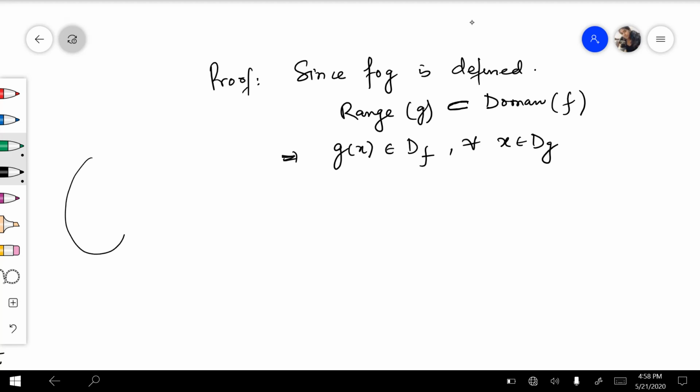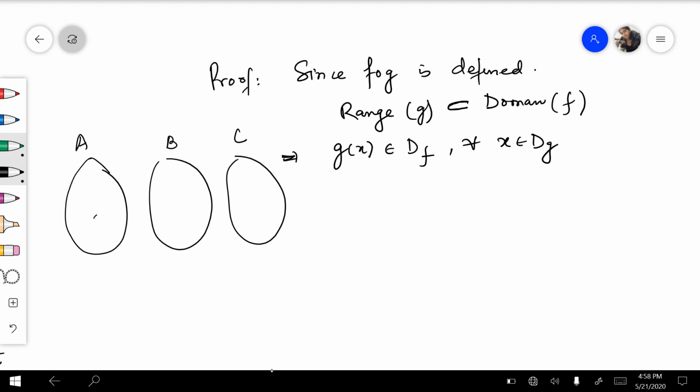अब थोड़ा सा चैप्टर 1 रिलेशंस एंड फंक्शंस पे जाएंगे तो ये मेरे पास suppose set A, this is set B, and this one is set C. g is a function from A to B, and f is a function from B to C. Then their composition is represented by f o g, and it is a function from set A to set C. और g का जो range होगा, that will be the subset of domain of f. अगर वो उसका सबसेट नहीं होगा तो तब हम इनको कंपोज नहीं कर पाते. तो यही चीज मैंने यहाँ पर लिखी.